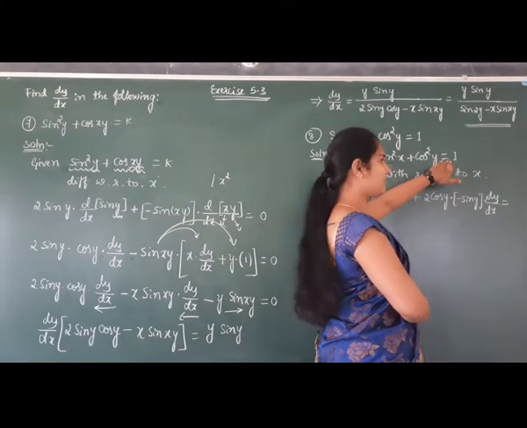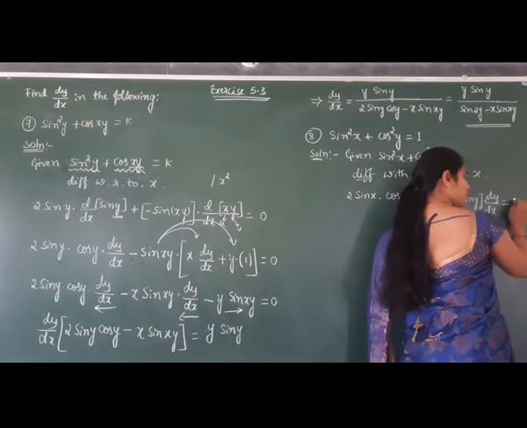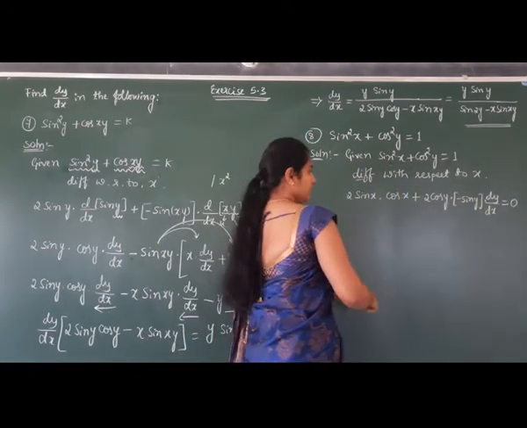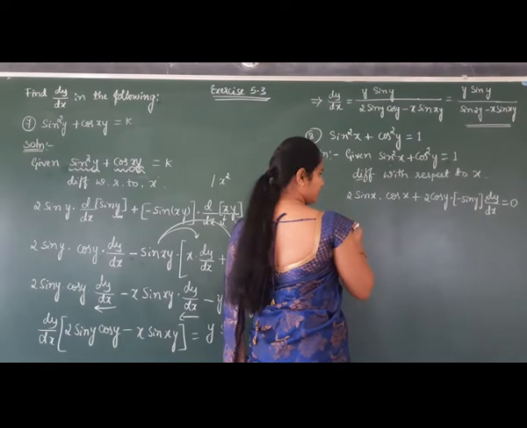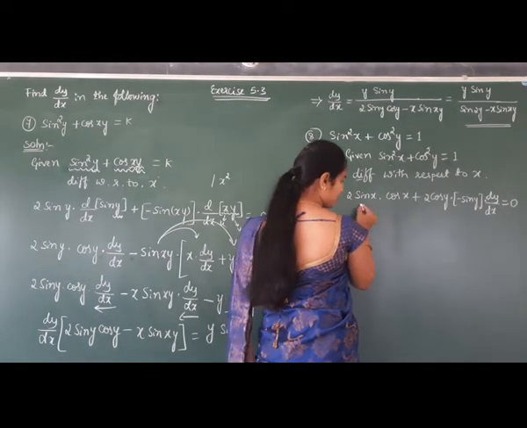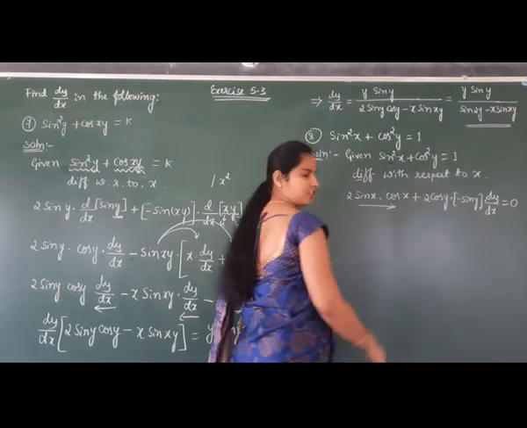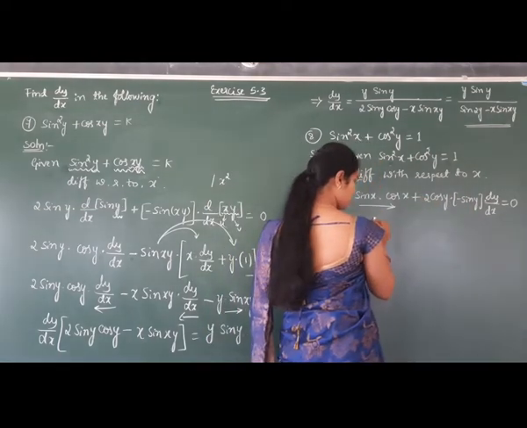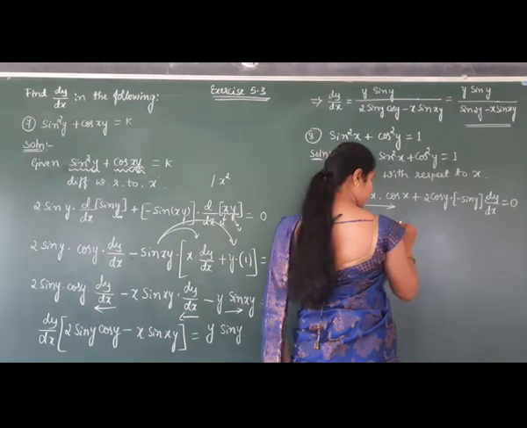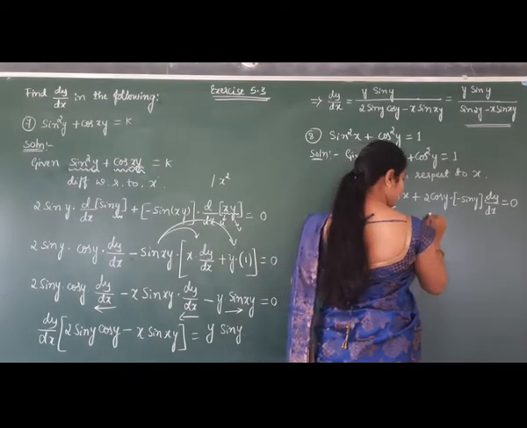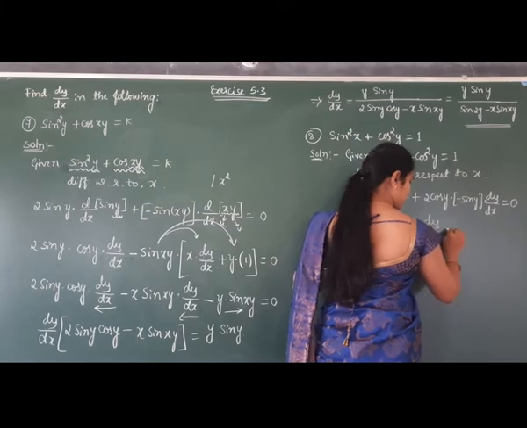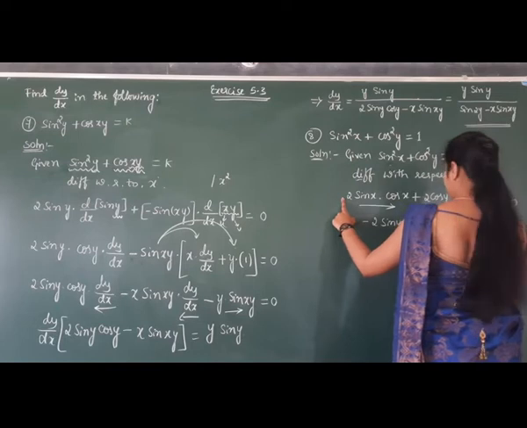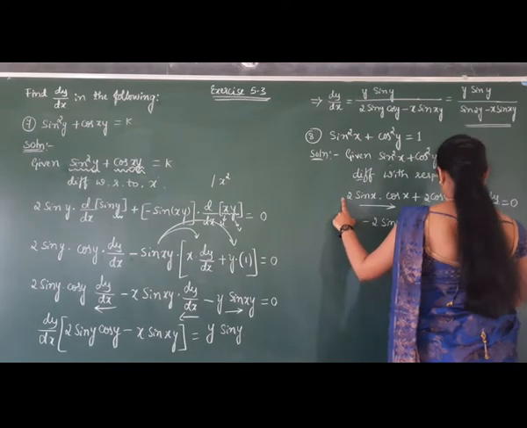So derivative of any constant is equal to 0. Now I will transfer this function to the RHS. Then we have minus 2 sin y cos y into dy by dx is equal to minus 2 sin x cos x.